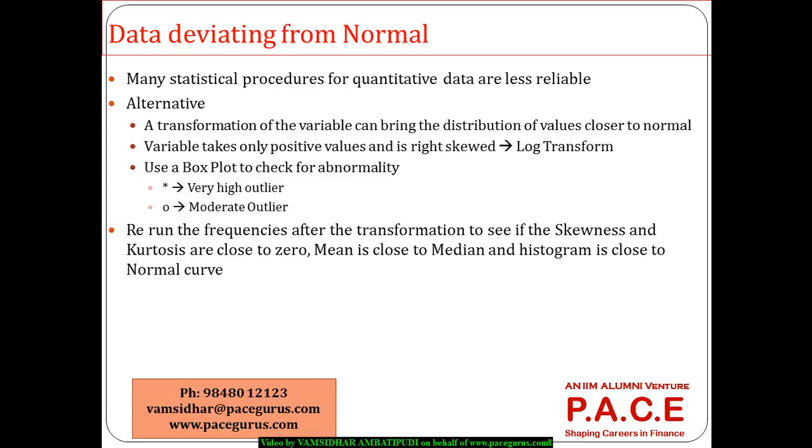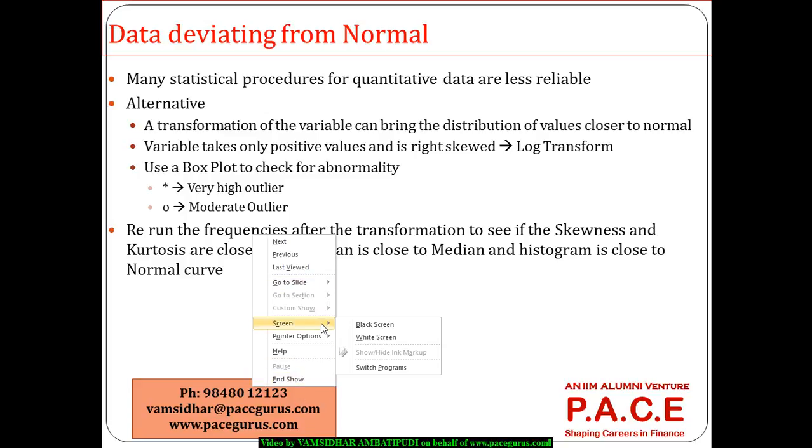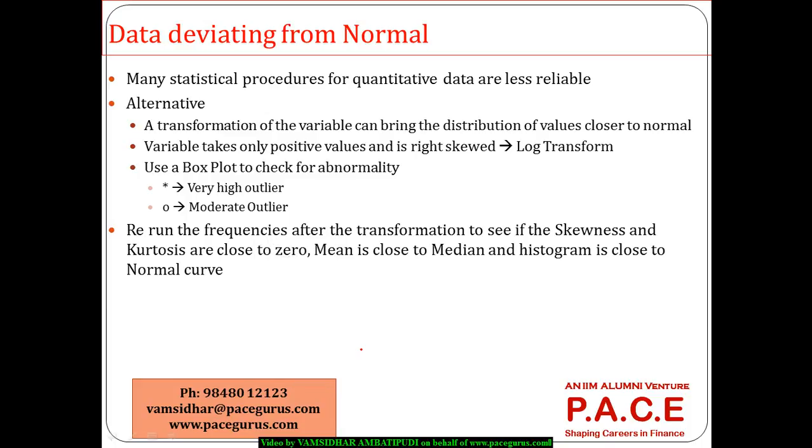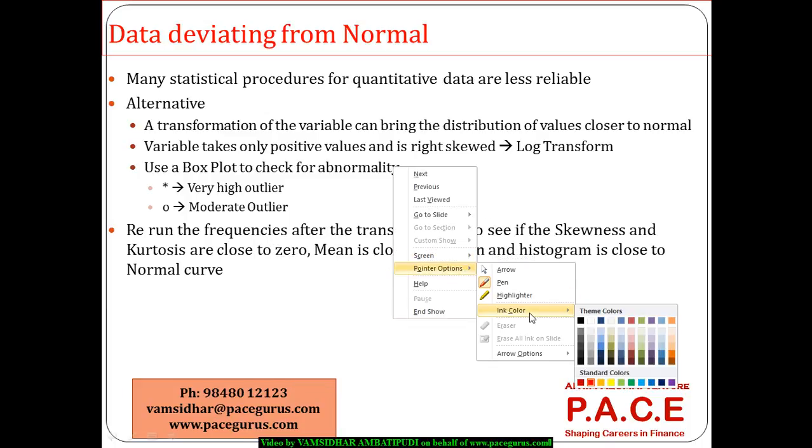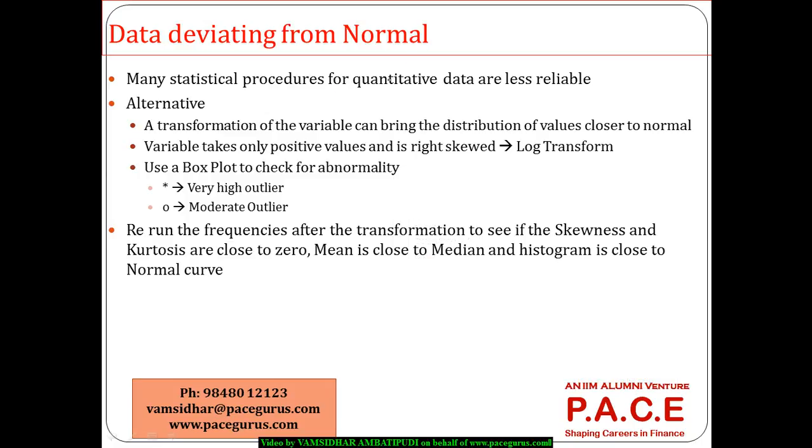Before I look into that, I have just mentioned that if at all my data is not normal, a lot of statistical procedures will not be reliable. That is what I'm trying to highlight here also. Most of the statistical procedures become less reliable.